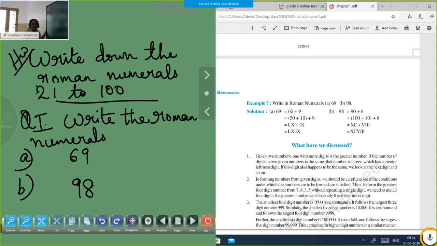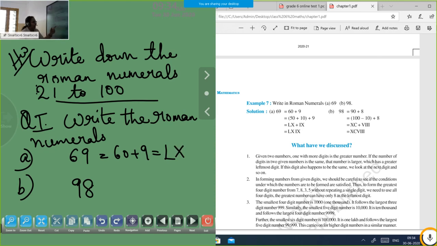69 means what? 60 plus 9. If you want, in the reference column you can write 69 means 60 plus 9. How to write 60, children? 60 means 50 plus 10. 50 means L. 60 means, 10 we have to put to the right side of the L. LX means 60.